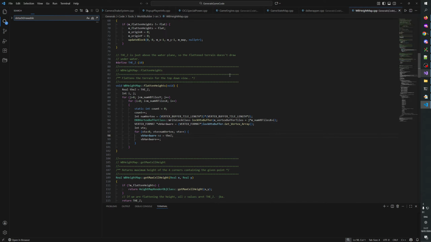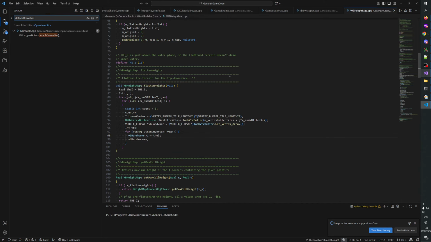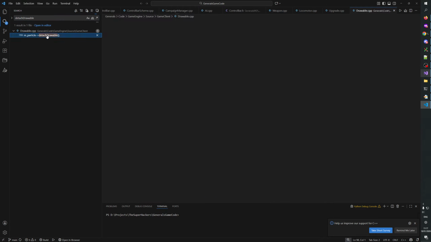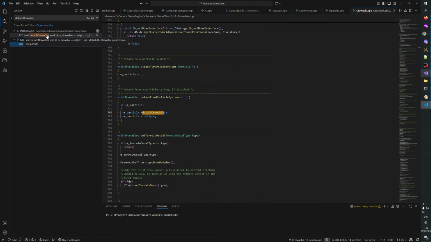Detached drawable. It is used here. Detached from ParticleSystem.